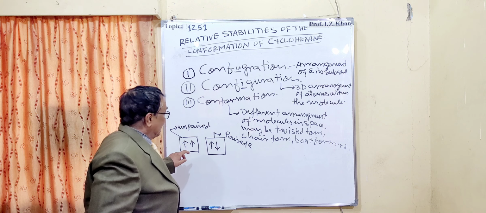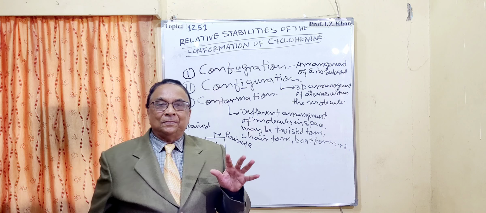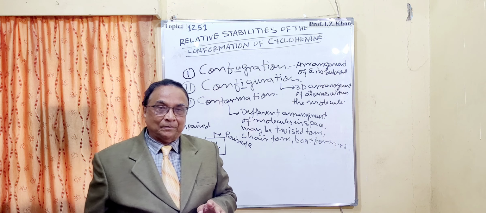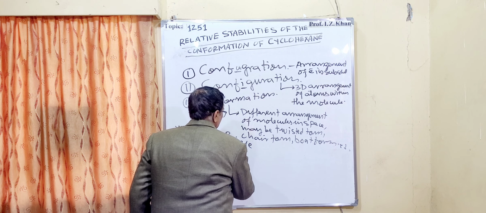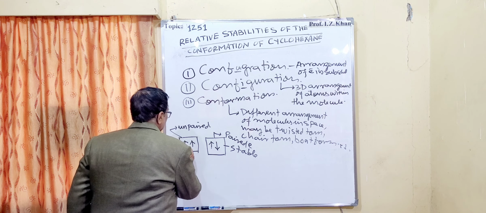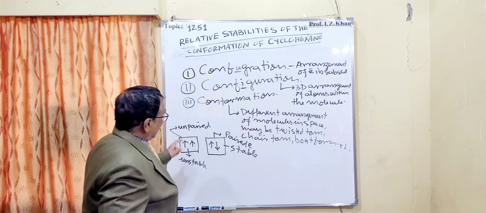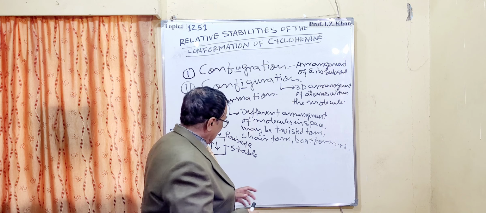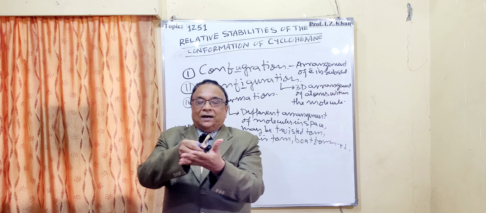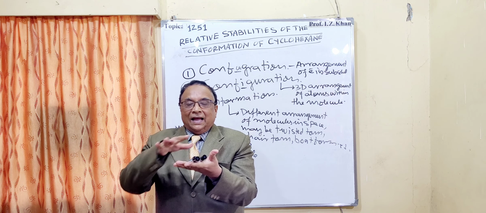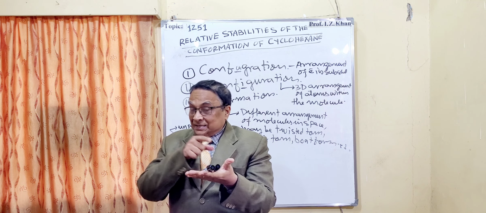Now here we have to see which arrangement is stable, because for every molecule we have to go towards its stability. The one which is paired is stable, and this is unstable. Why is it stable? Suppose these two are electrons and their spins are both in the same direction, and it is unstable.